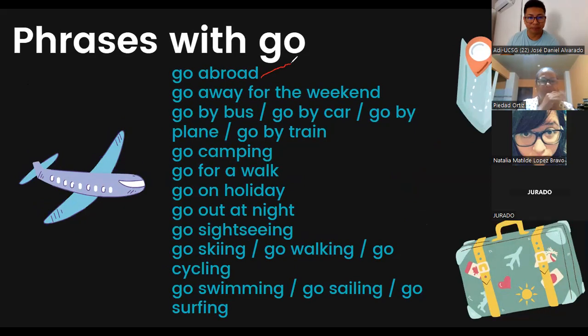Go abroad, go away for the weekend, go by bus, go by car, go by plane, go by train, go camping, go for a walk, go on holiday, go out at night, go sightseeing, go skiing, go walking, go cycling, go swimming, go sailing, and go surfing.